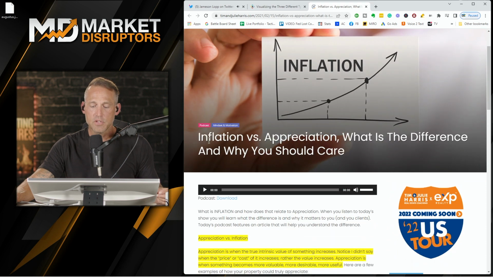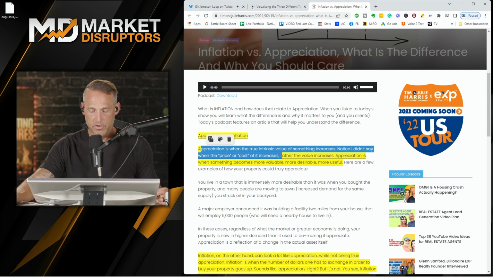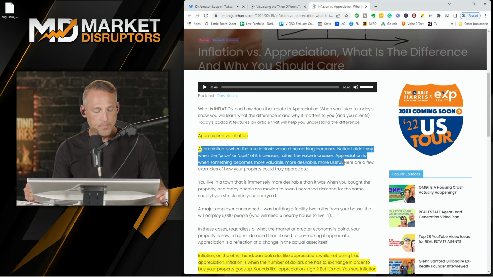So we have a difference of inflation versus appreciation. Appreciation is when the true intrinsic value of something increases. Notice I didn't say when the price or cost increases, rather the value increases. Appreciation is when something becomes more valuable, more desirable, more useful. So let me give you an example.